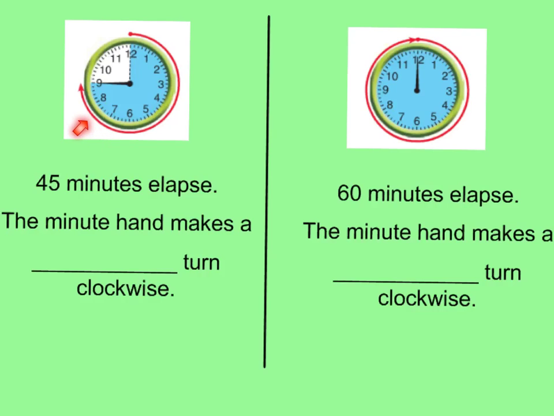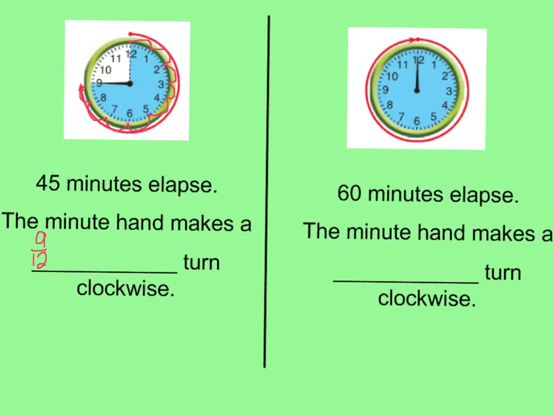Now, remember that our clock is broken up into 12 equal parts. So I have 1, 2, 3, 4, 5, 6, 7, 8, 9/12 of my clock that is shaded in. It's made a 9/12 turn.